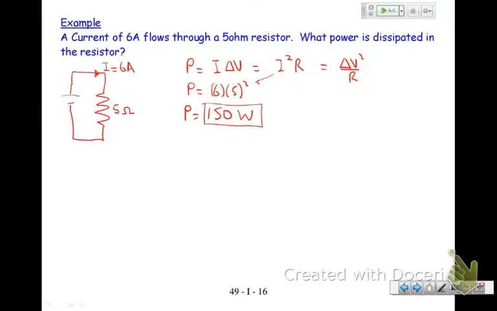Am I right on my math on that? Let's look. I squared R. I is 6. Oh, I'm not right. Yeah, sorry. So it's going to be I squared R. And what I did was I did I squared R. So it's 360 over 2 times 10. It's 360 over 2, which is 180.